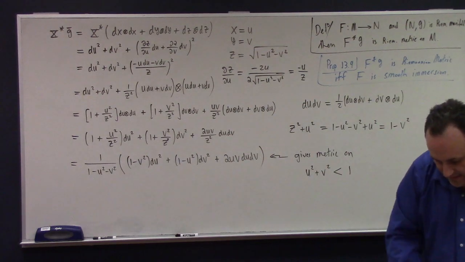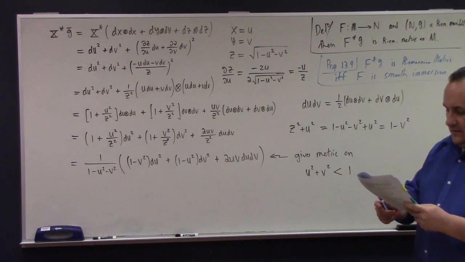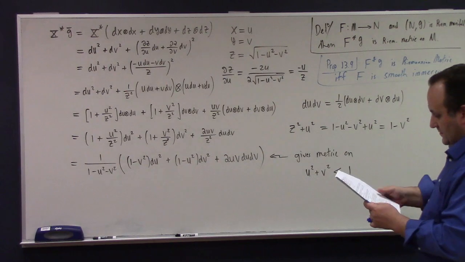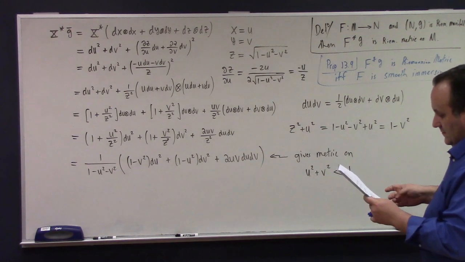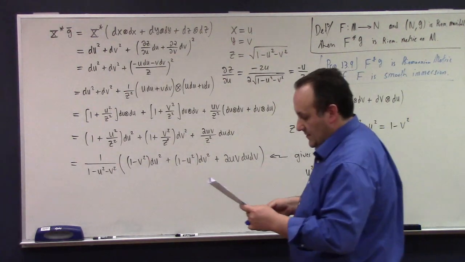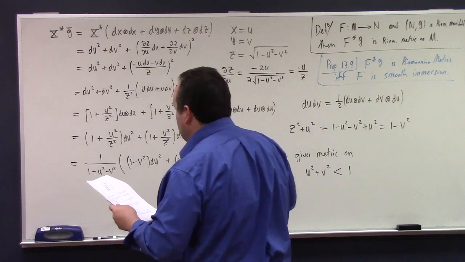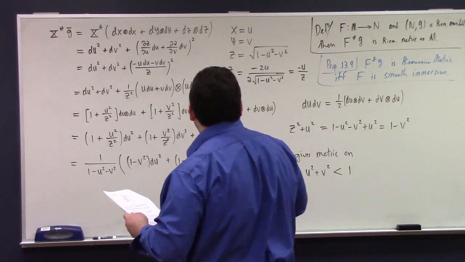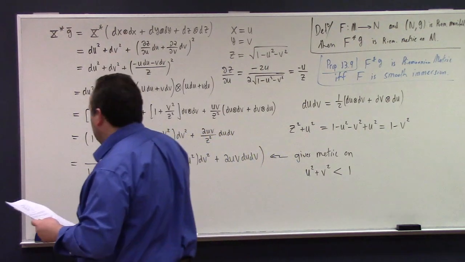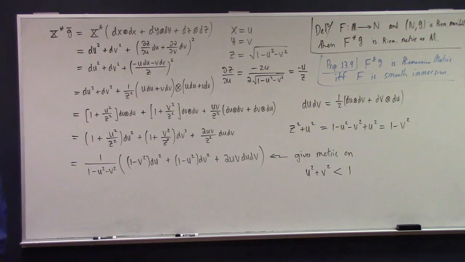Okay, so the next example is something called a helicoid. Yeah, this is actually a very interesting example, although it's not interesting yet. But let's acquaint ourselves with this example.